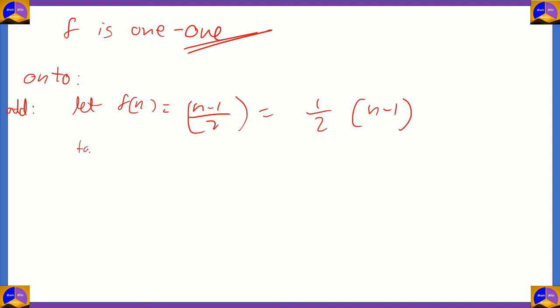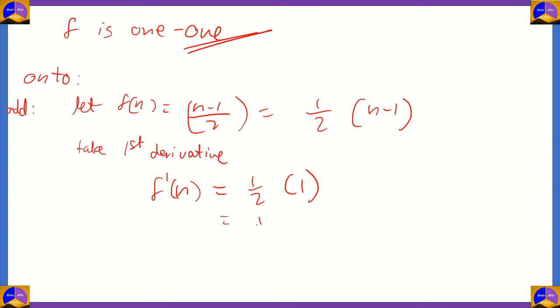So take the first derivative for this function, that is d of f(n) by dn, which we can write as f dash of n is equal to 1 by 2 times 1.